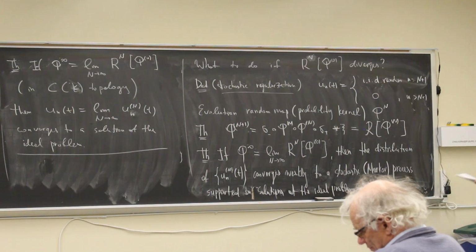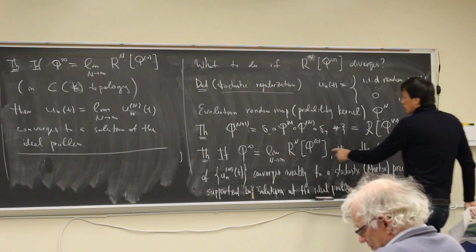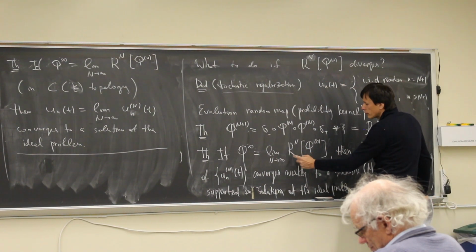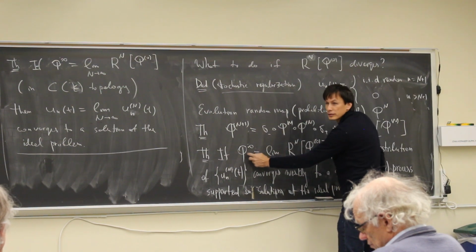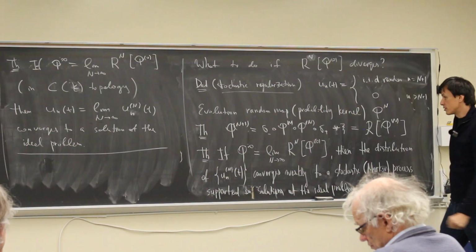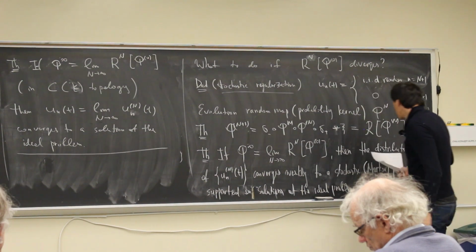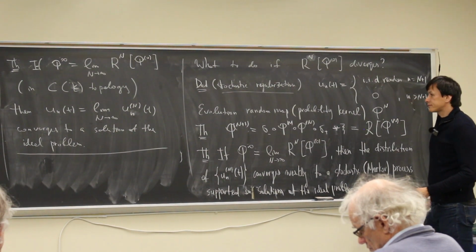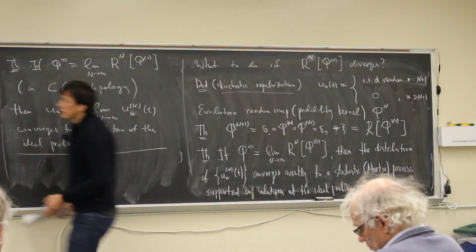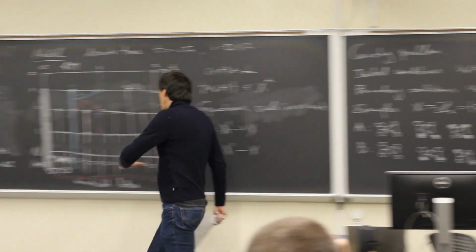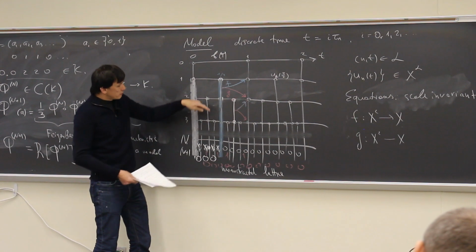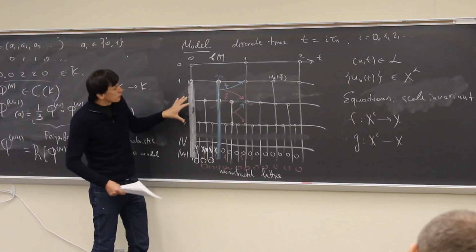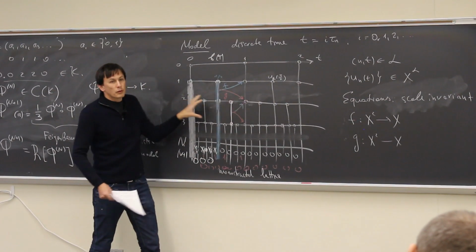So what can be proved is that if the renormalization group dynamics has an attractor, so the attractor now is probabilistic, so it's a measure. Then, taking the limit of n goes to infinity, for each n we have a solution with a certain probability distribution, right?